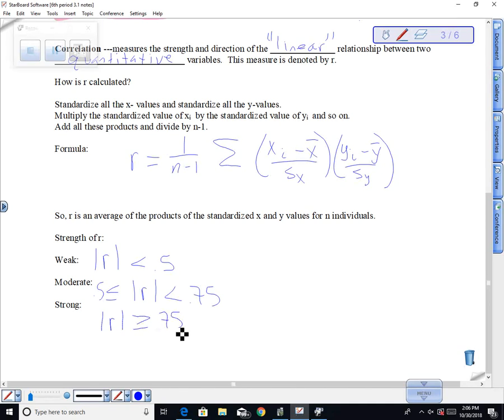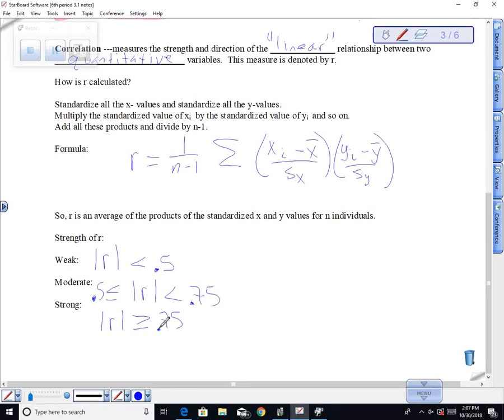Let me say that again. Weak is the absolute value of R less than 0.5. Moderately strong is the absolute value of R between 0.5 up to 0.75, but not including 0.75.